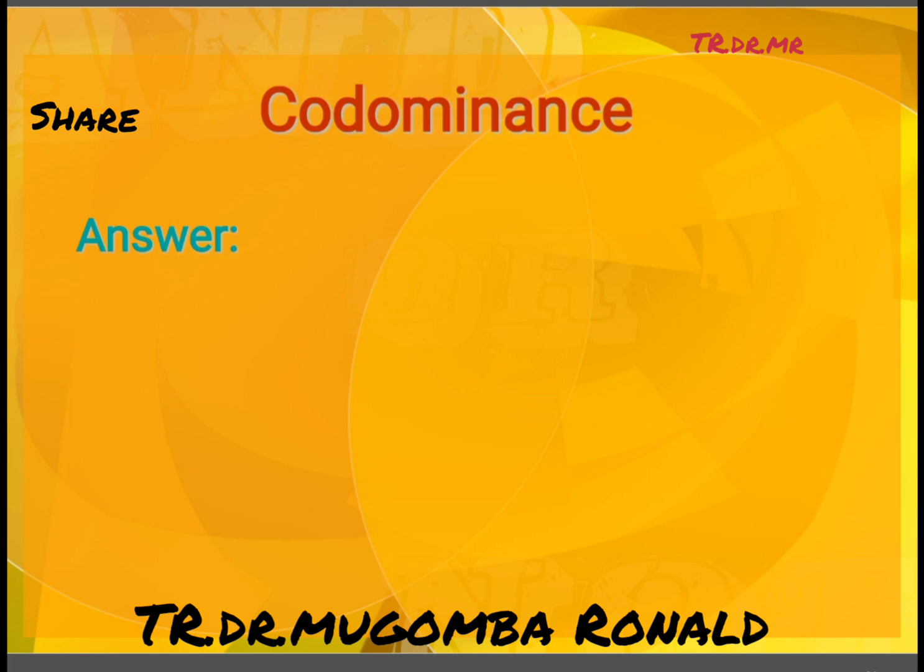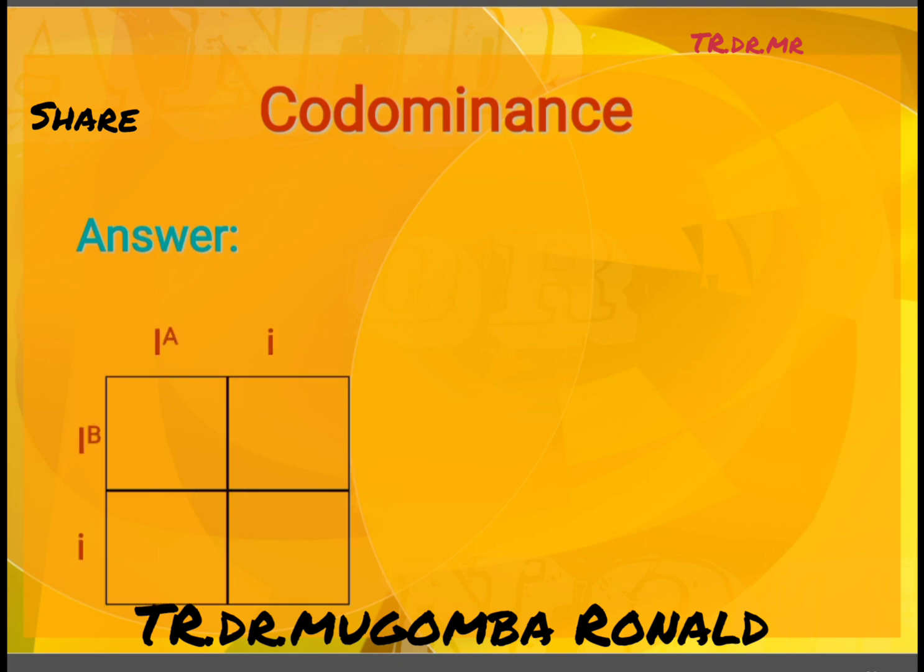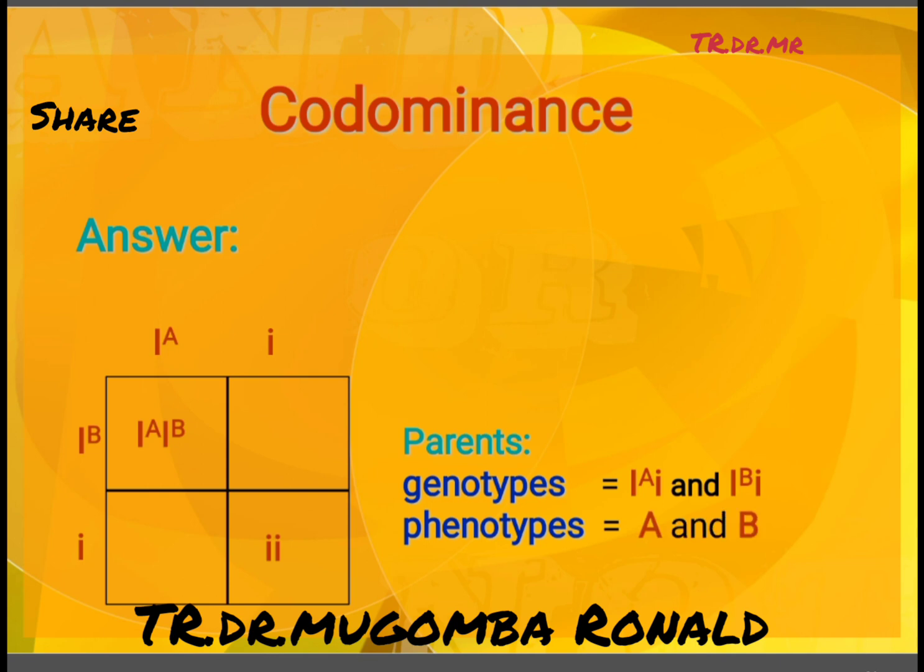Okay, the answer is, how do we ascertain this? We are now working backwards. Which genotypic combination gives us the parents? You can see, we can have the parents having their genotypes as blood group A and then blood group B. Those two parents can give us a child of blood group O and a blood group AB child. Why?